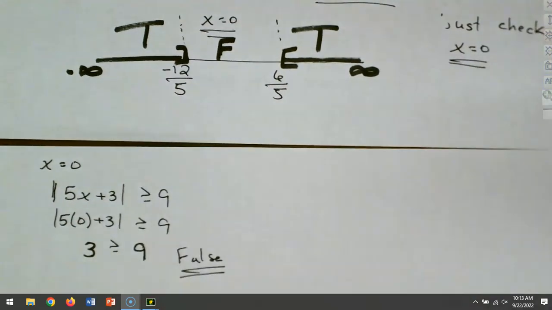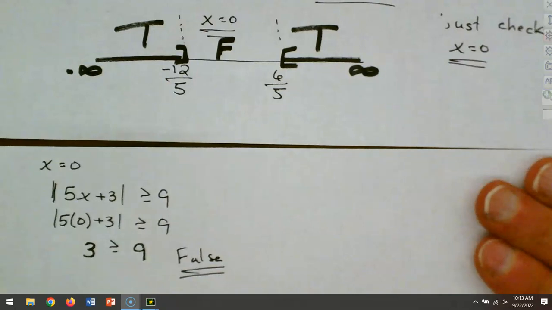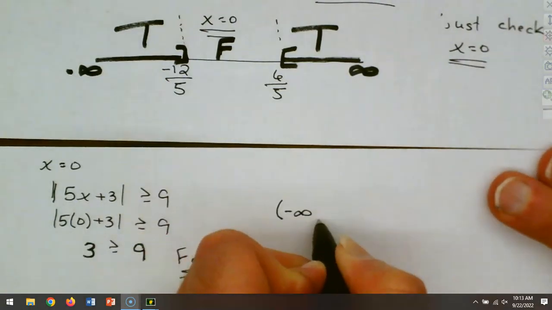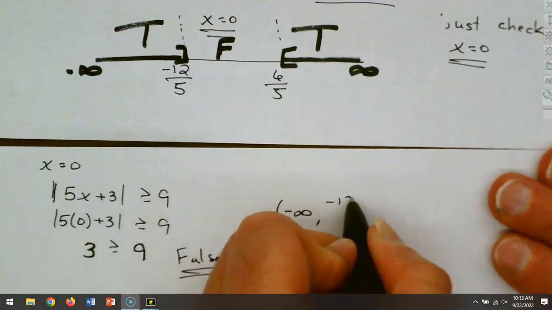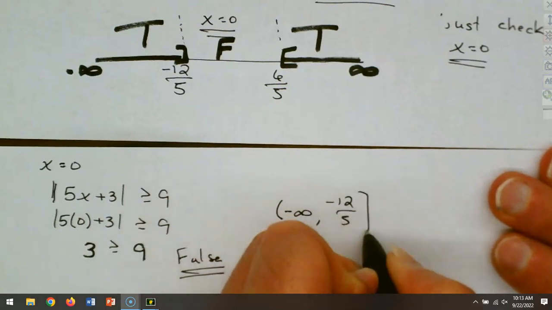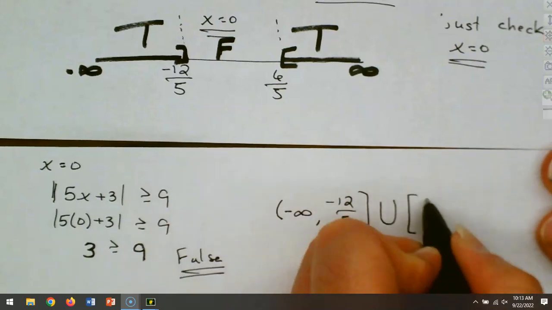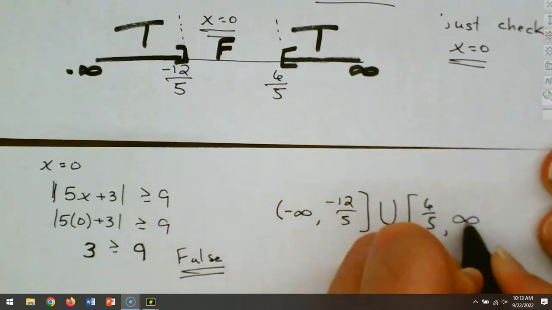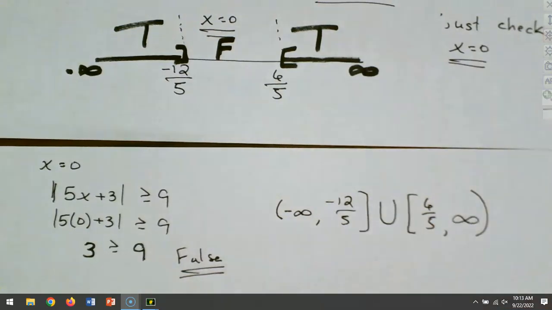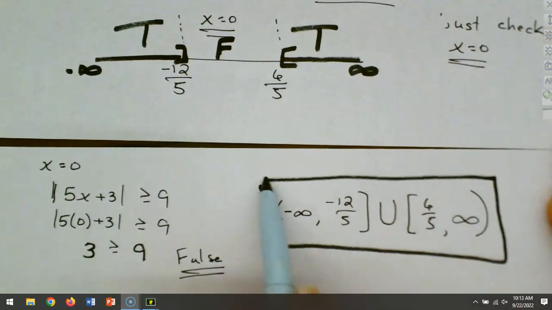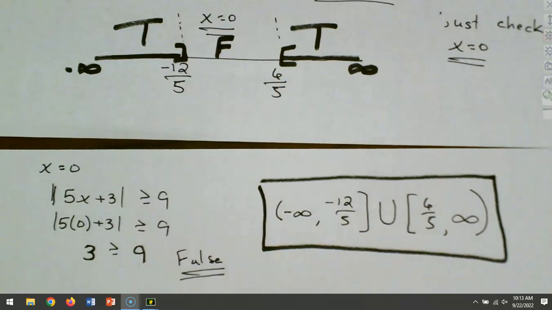And so what does my answer look like in interval notation? Well, it looks like negative infinity, comma, negative 12 fifths with the square bracket. We use a U for union, 6 fifths, and it goes to positive infinity. So this would be your final finished answer.